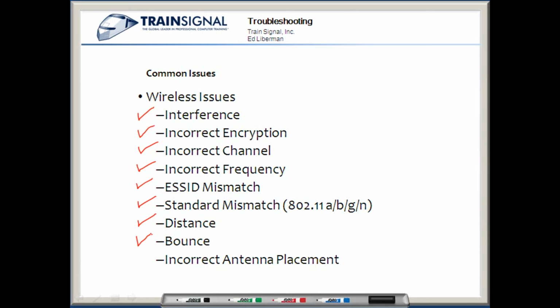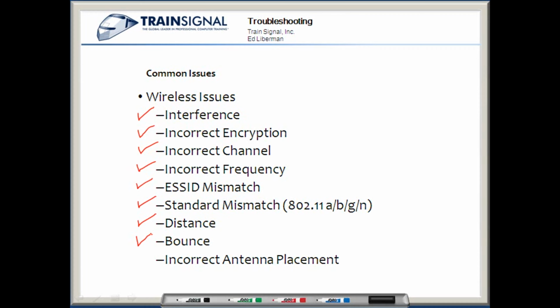Next we have bounce, and there's a couple different areas of this issue. One could just be the literal issue where you have a signal that is bouncing off different physical objects. So the signal's not actually going where you want it to, and maybe it can't even get to where you want it to.